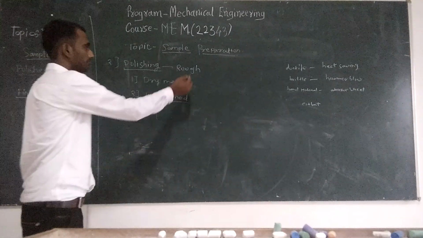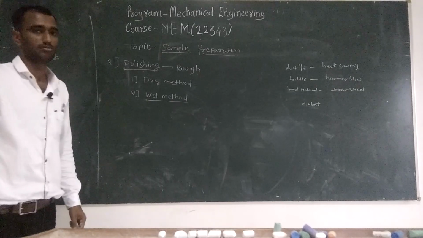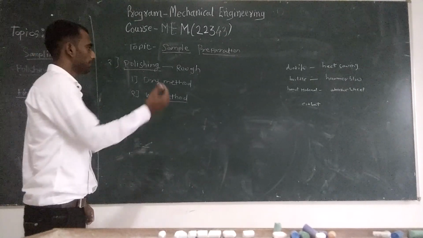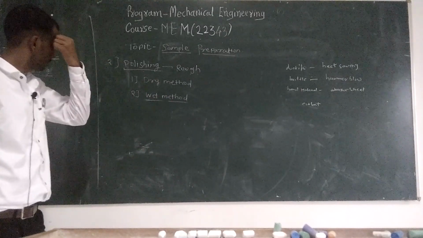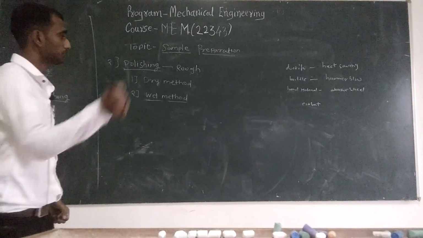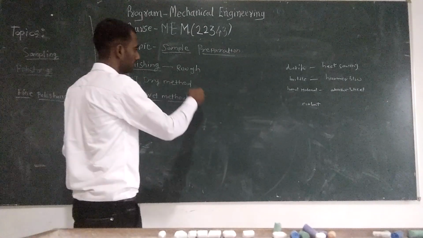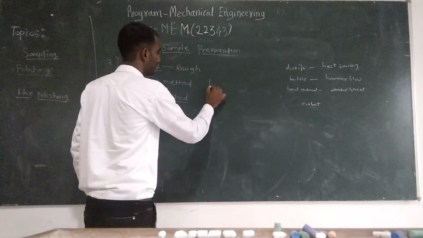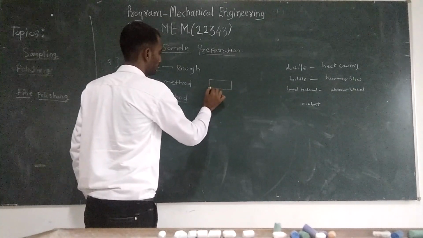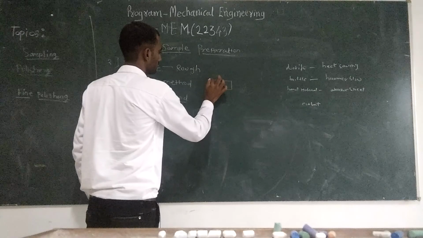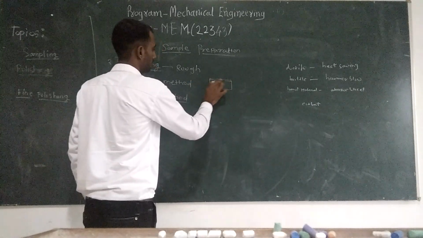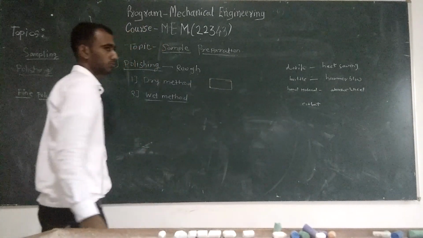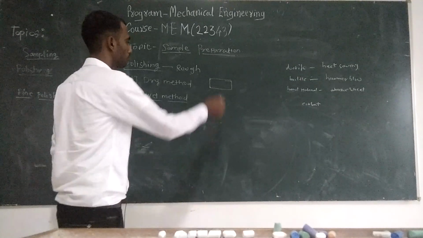In rough polishing, the surface is filled again or machined. By these two techniques the sample is prepared so that the surface is very flat on its top as well as bottom.